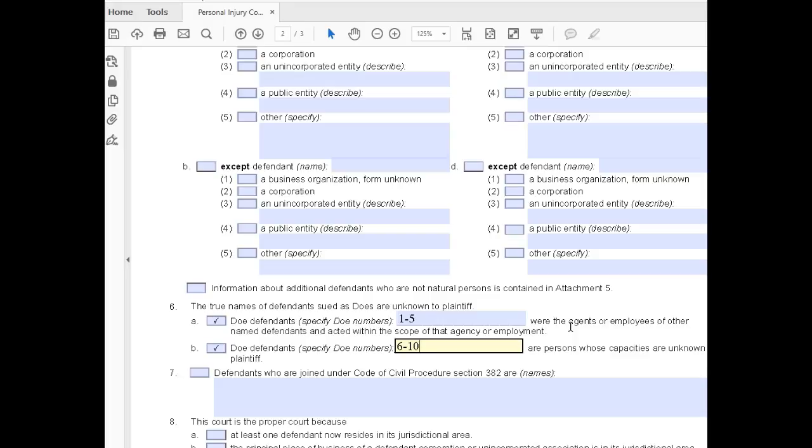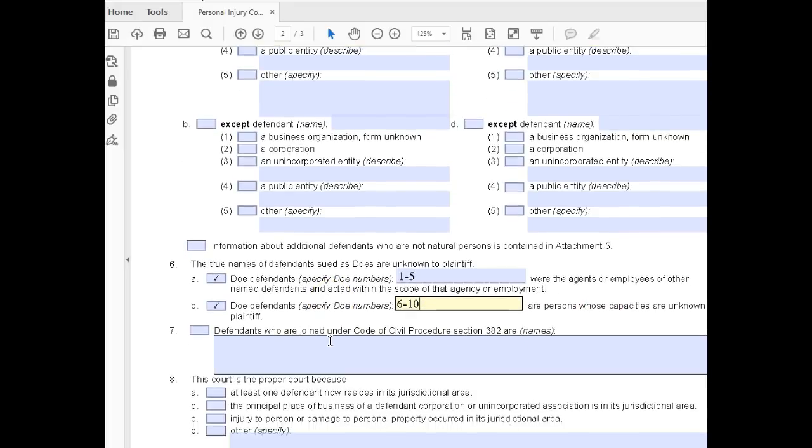So we might be able to say, for instance, that Jeffrey Jones was acting as the agent or employee for someone while they slammed into the back of our car, and then the employer will have to pay. But we don't know that right now, so we can only sue them as Does because we don't know that they're there, or what kind of position they may be in. But it also could be that we just don't know what capacities they have, and so we just split them into 2. And that's how you do Doe defendants.